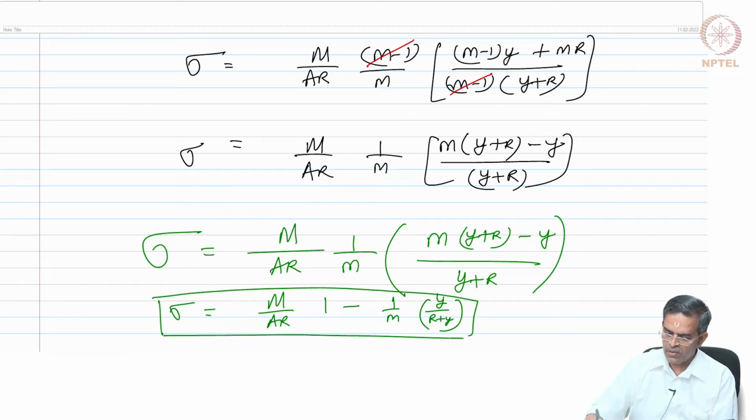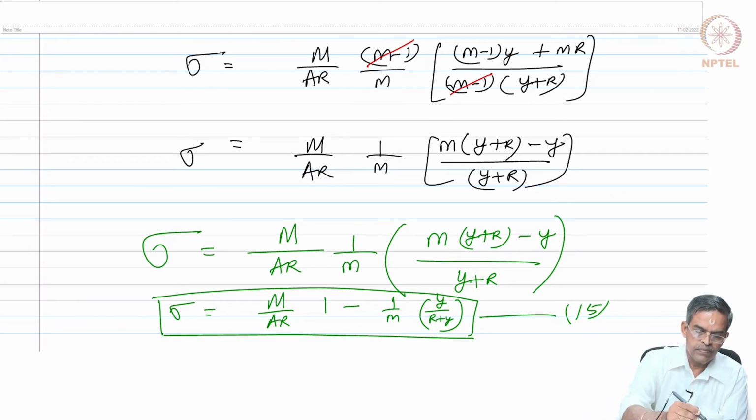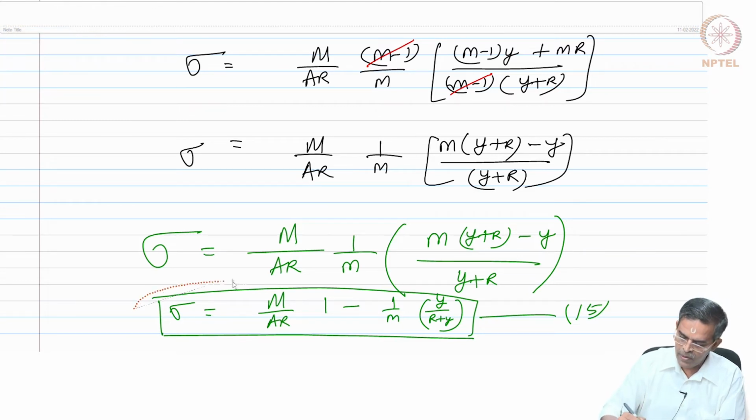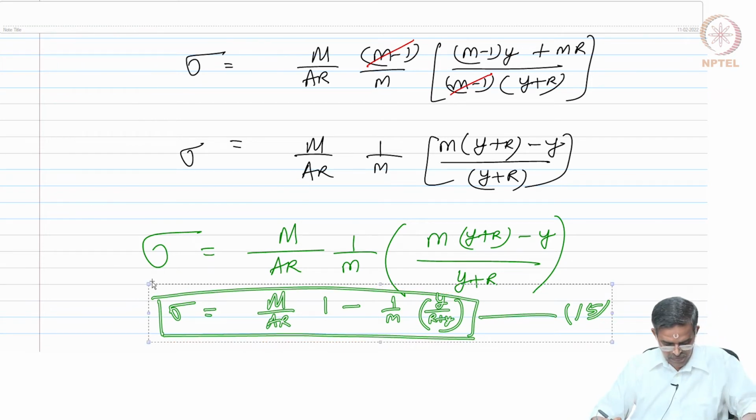The classical equation we have for curved beams, which is equation 15. Let us copy this equation to the next screen.